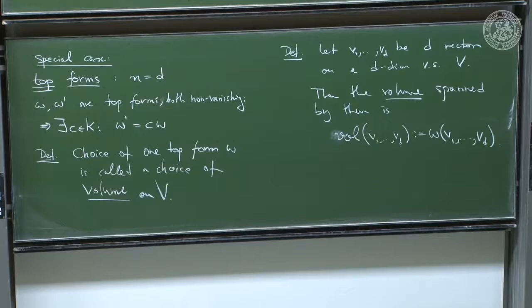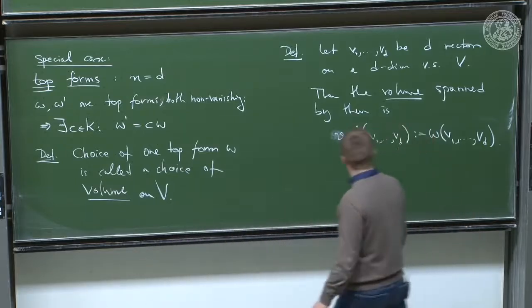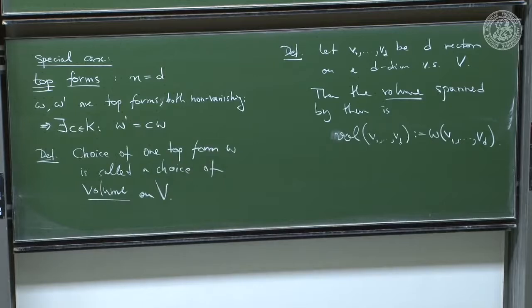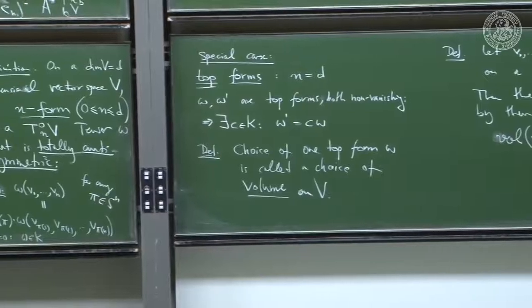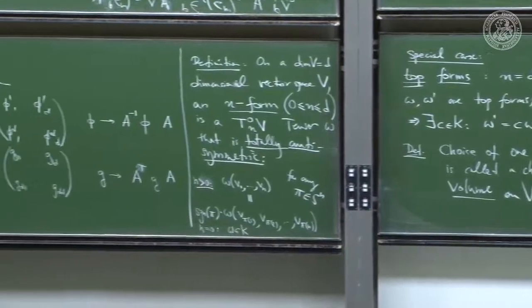We'll need this at some point. So that's one place where you need the volume form. So if you wish, a vector space together with a choice of top form can then be called a vector space with volume. So it's additional structure you choose, but all your choice is in the factor.